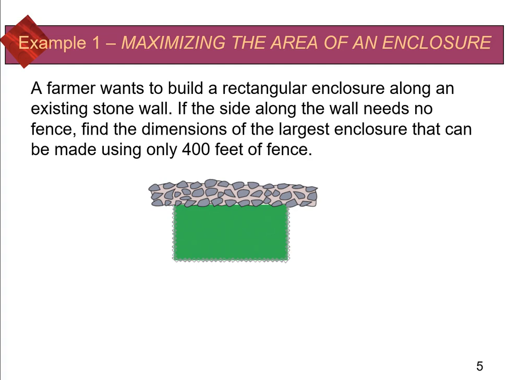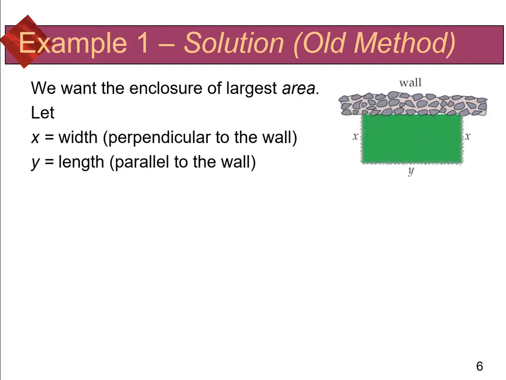So, using the newer method and the older method, we always start off the same way. We would let area equal length times width. Here we're saying x times y, which I always tended to avoid, because if you're looking at a graph, we tend to consider the graph as we were maximizing the area, because we would eventually come up with an area function in terms of a single variable.